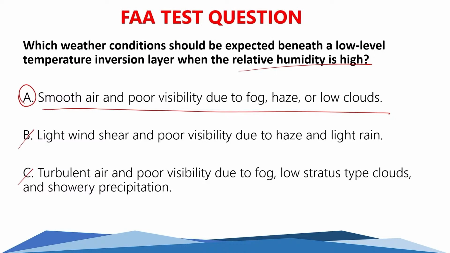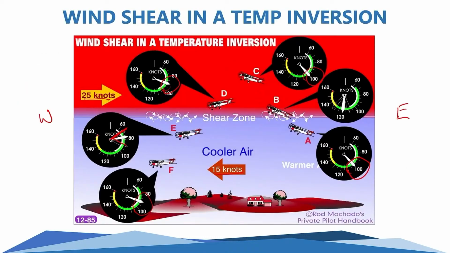The inversion layer is like a lid. Yep, exactly, Lori. And very simply, it traps in all those pollutants, right? So when it does that, we get that nice smooth air. If you go back to the original slide where we looked at this, the smooth air is all of this cold air right here.